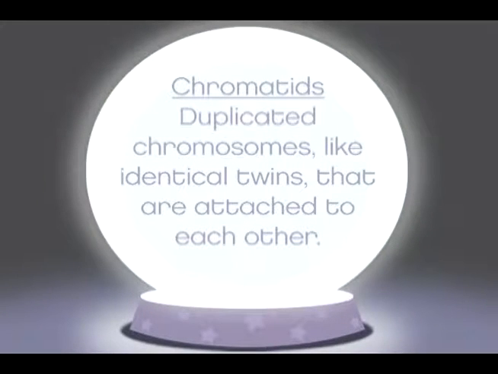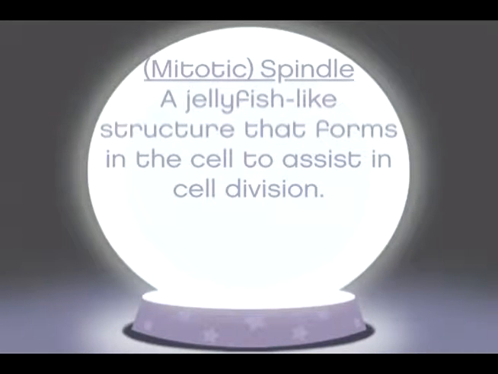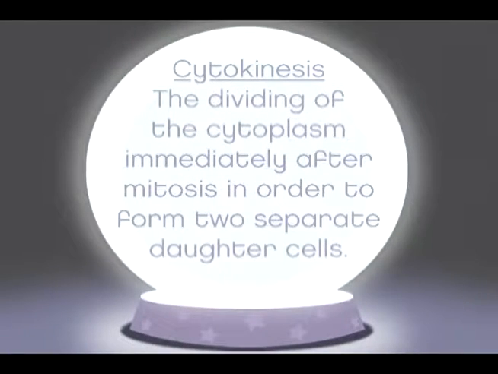Chromatids are duplicated chromosomes, like identical twins, that are attached to each other. A centromere is the center point where 2 sister chromatids are joined. A spindle, or mitotic spindle, is a jellyfish-like structure that forms in the cell to assist in cell division. Cytokinesis is the dividing of the cytoplasm immediately after mitosis in order to form 2 separate daughter cells.